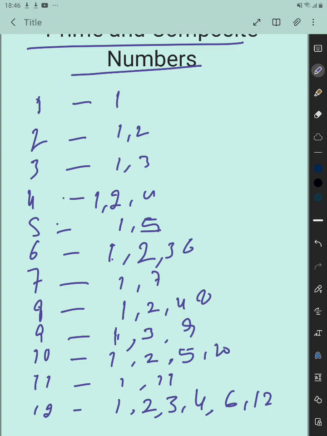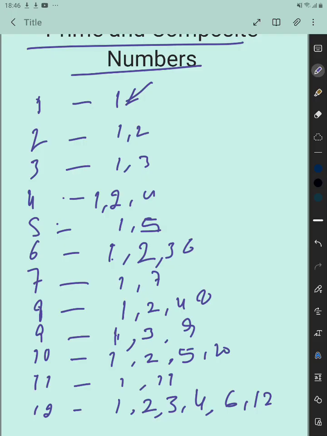From the figure we see that number 1 is the only number that has just one factor. The other numbers have two or more factors.